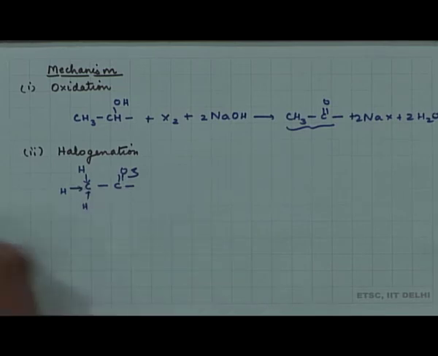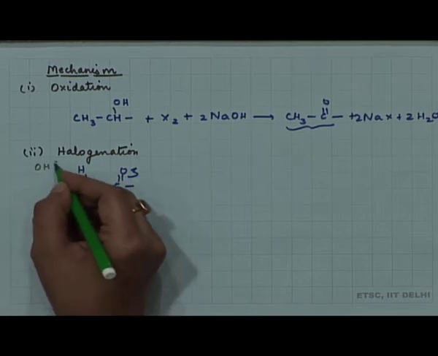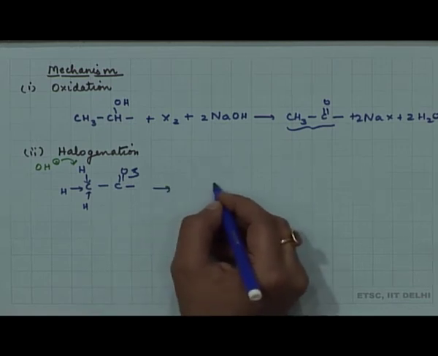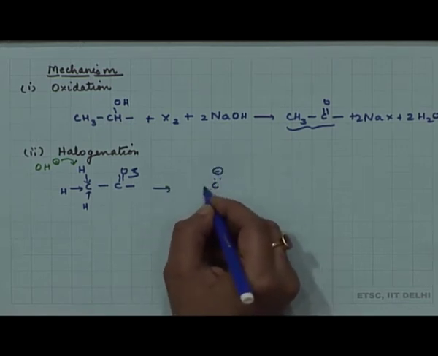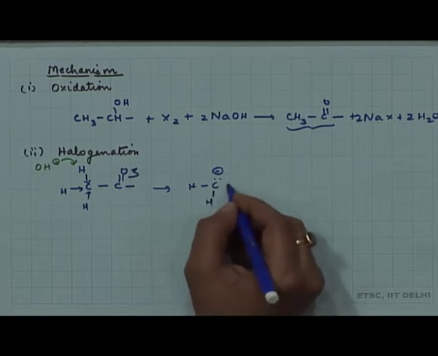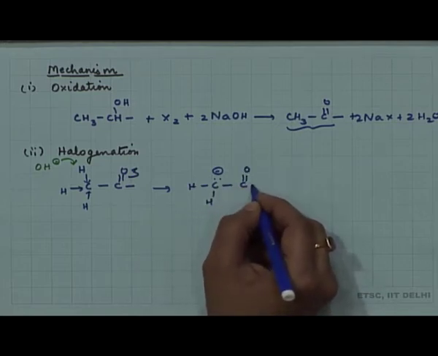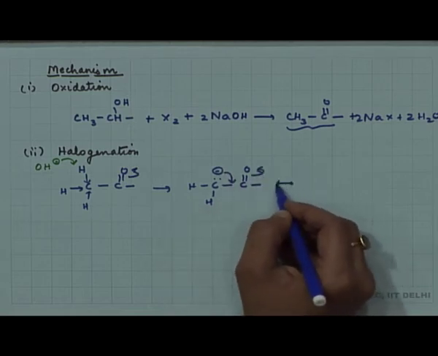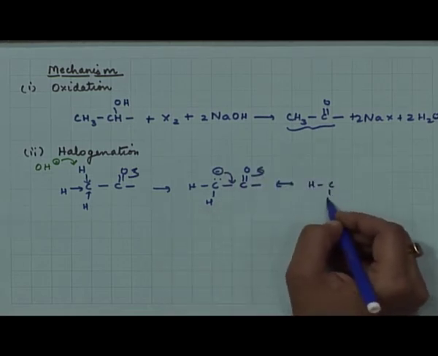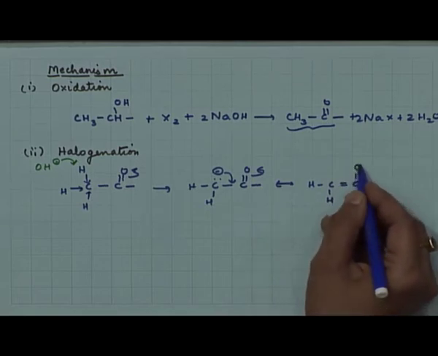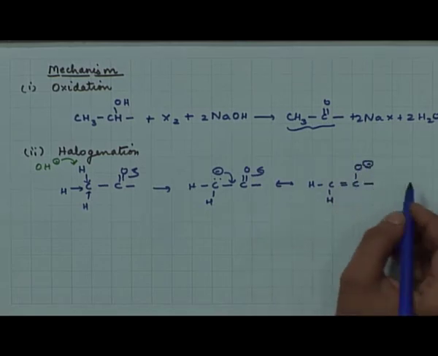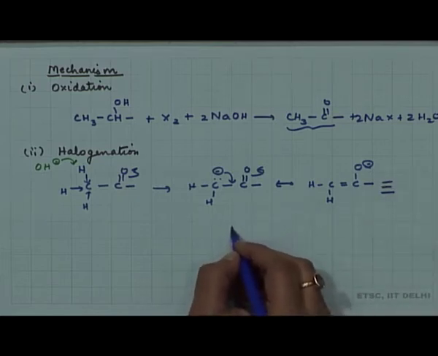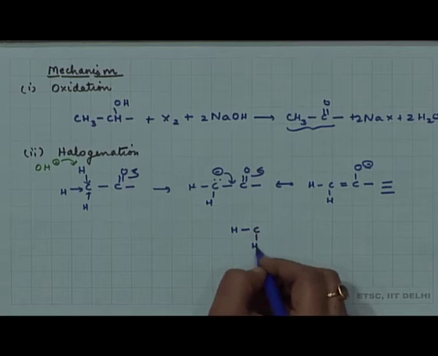So, in the presence of the base, the base abstracts this proton so that you get an intermediate which is next to a keto. So, this is nothing but an enolate. You are generating an enolate, which is a stable species here. You can write the resonance hybrid structures for this enolate.